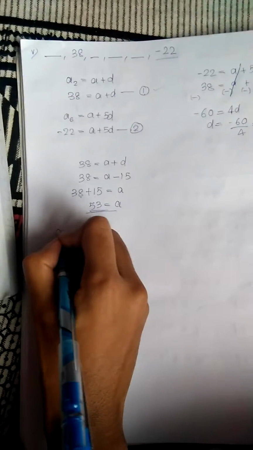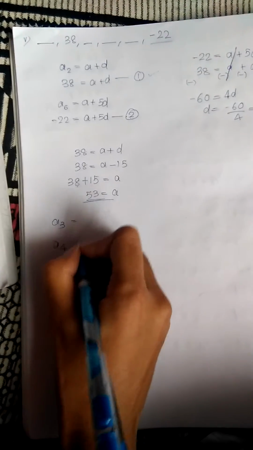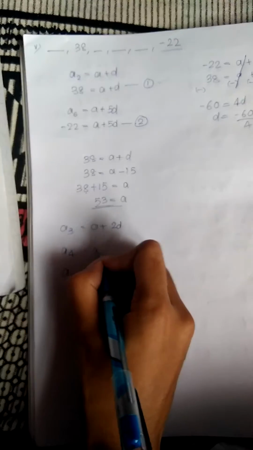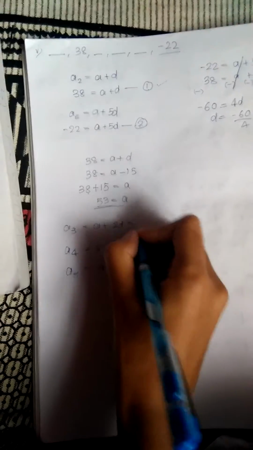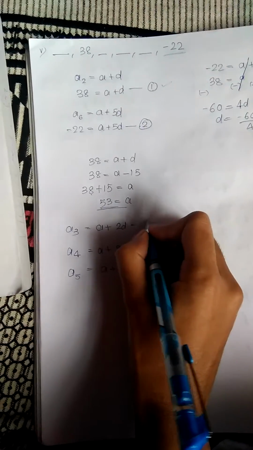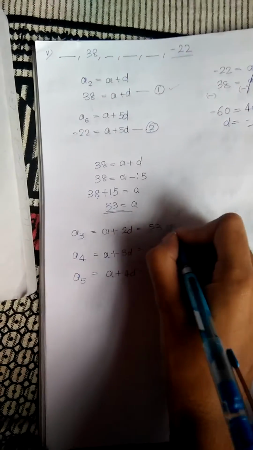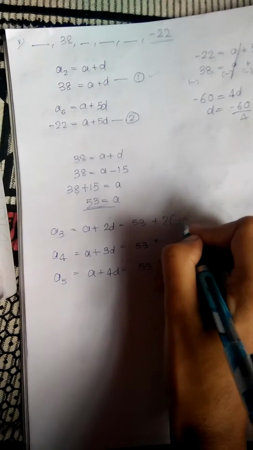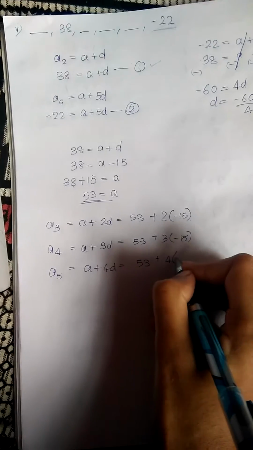Now we have to find the third, fourth and fifth terms, a3, a4, a5. I know the third term can be written as a plus 2d, this one as a plus 3d, a plus 4d. A I know as 53, so I'll put 53 in all the cases, plus 2 into minus 15, 3 into minus 15, 4 into minus 15.